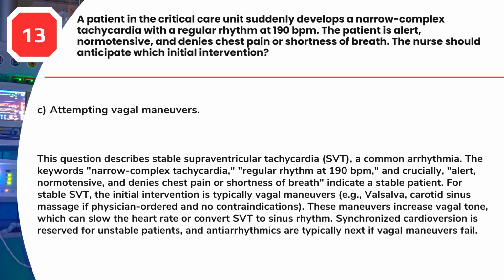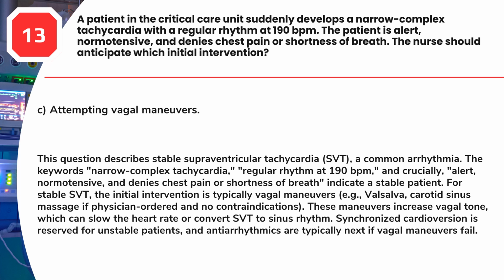Answer: C. Attempting vagal maneuvers. This question describes stable supraventricular tachycardia, SVT, a common arrhythmia. The keywords narrow complex tachycardia, regular rhythm at 190 bpm, and crucially, alert, normotensive, and denies chest pain or shortness of breath indicate a stable patient.